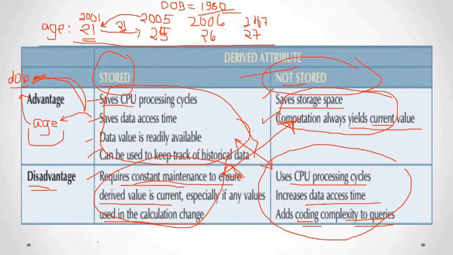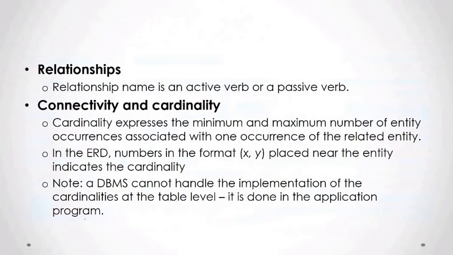So that's about derived attributes. Okay, we have discussed this already. So for relationships, we normally use a verb, and it could be active or it could be passive. And then cardinality, we have discussed this already, so I'll just skip this.